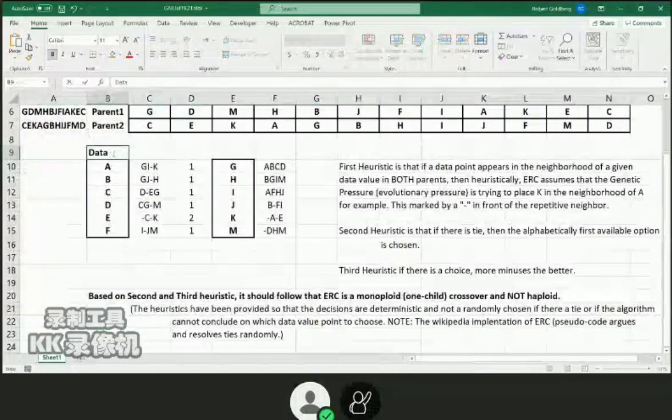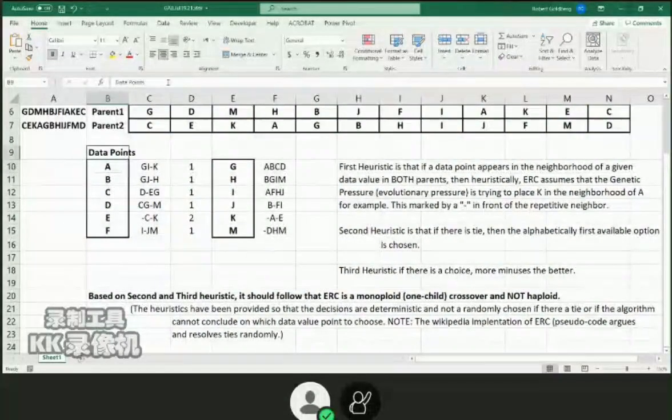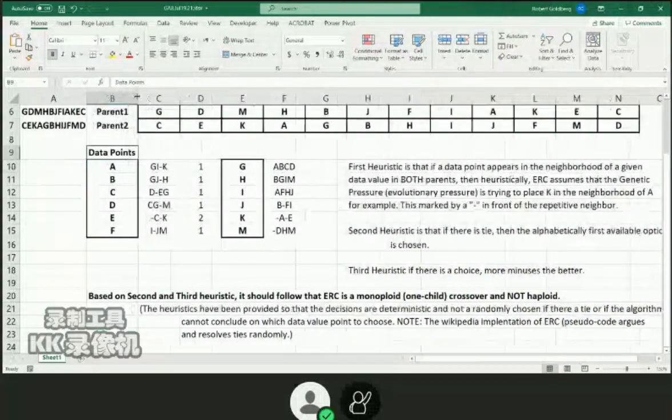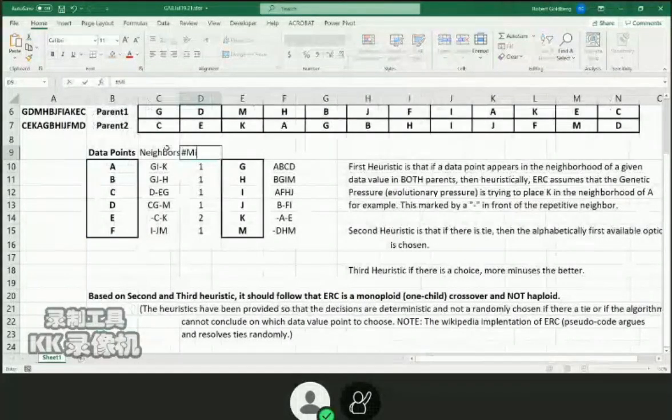Okay, so this is data values, data points. This is the neighbors. This is the number of minuses, which means how many times the neighbor repetitively appears, and then we do it all over again.